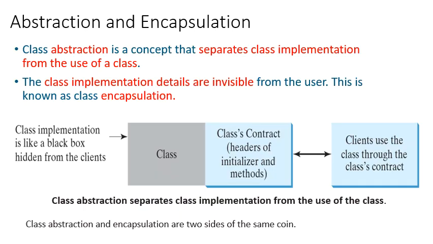As the user, they just use the class and don't know the implementation details. The class implementation is like a black box hidden from the client. The class contract is the headers of the initializer and methods. The client uses the class through the class contract. Class abstraction and encapsulation are two sides of the same coin.